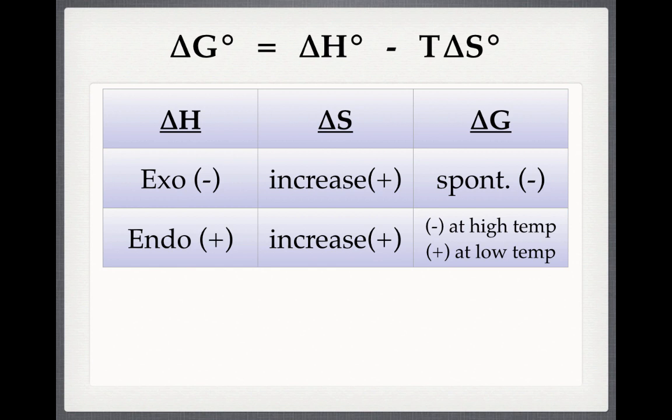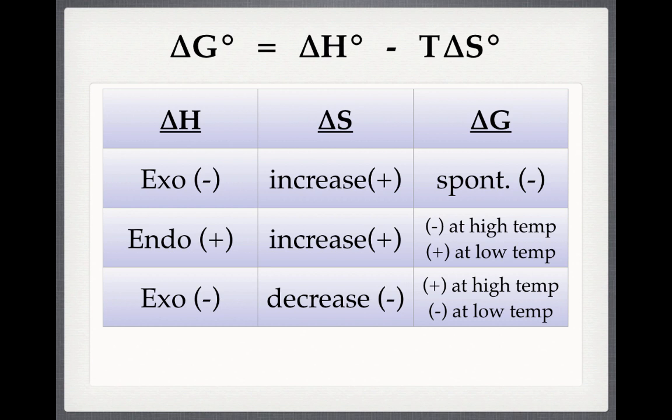If we have a large value for T, then the T delta S term becomes larger than delta H, and our delta G will be negative. And so a reaction where delta H is positive and delta S is positive, the reaction will be spontaneous at high temperatures. If T is small, then the T delta S term will not be enough to make the delta H term go negative, or for delta G to go negative, and so that reaction would remain non-spontaneous with a positive delta G at low temperature.